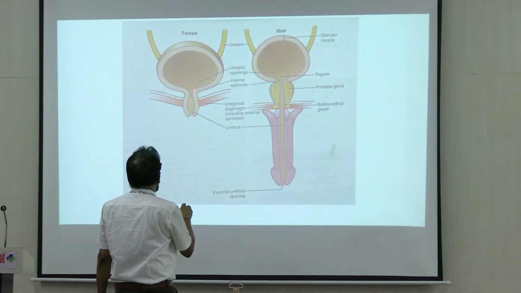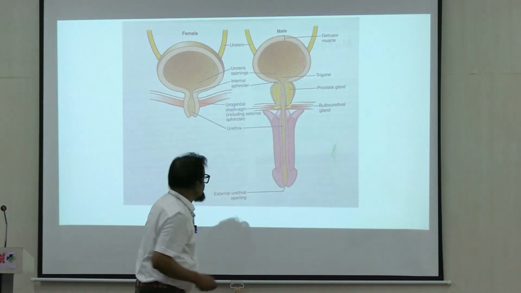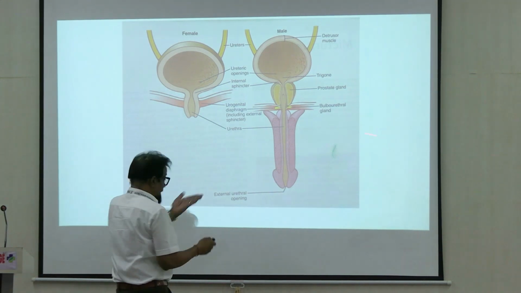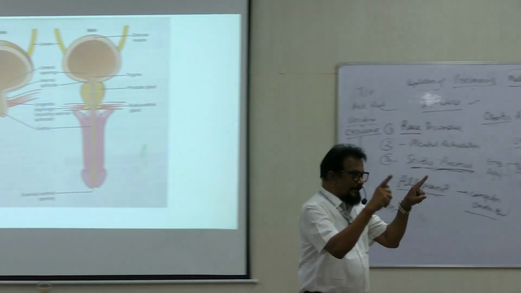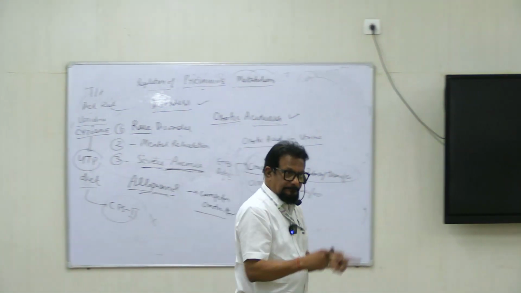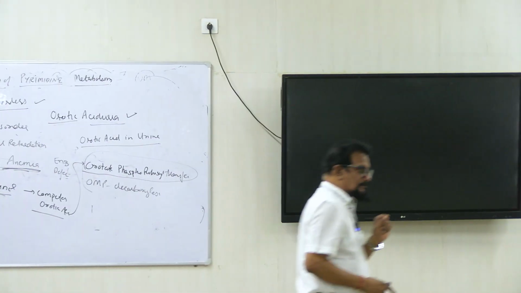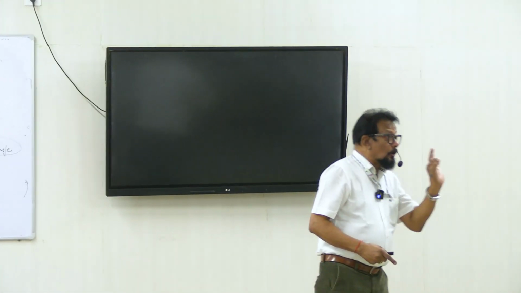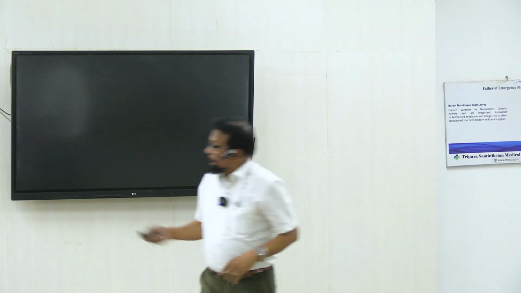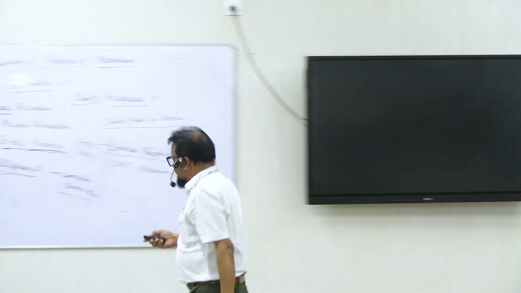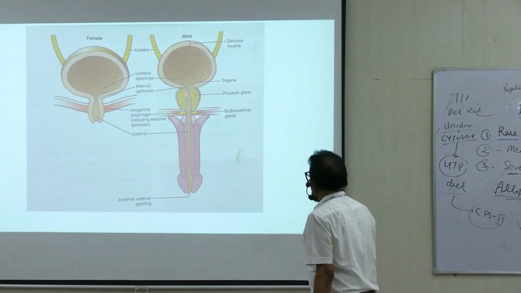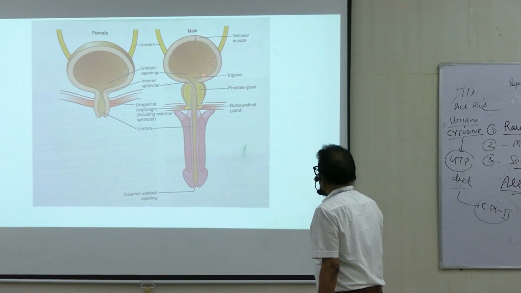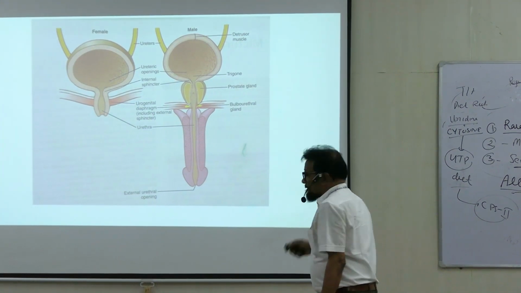Starting from here to here, it has an anterior wall and a posterior wall. On the posterior wall, you will find a triangular area. This triangular area is called the trigone. You can see this trigone clearly.